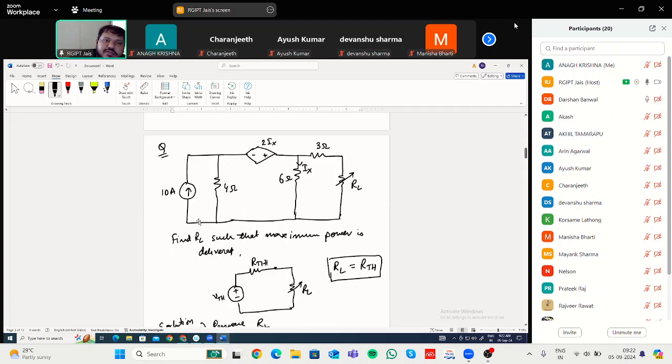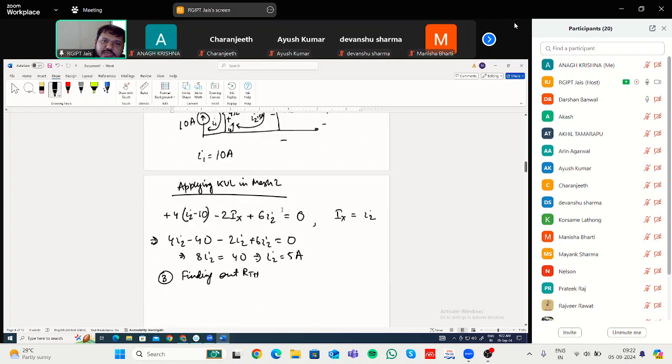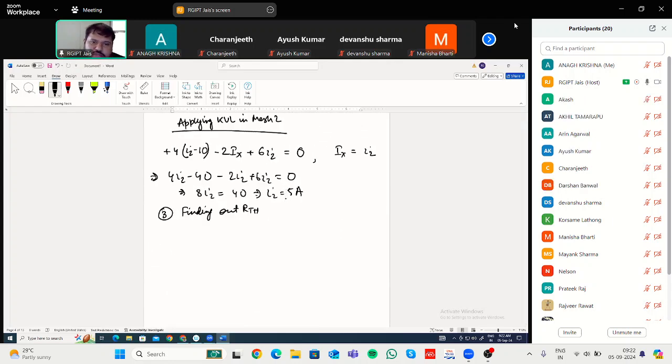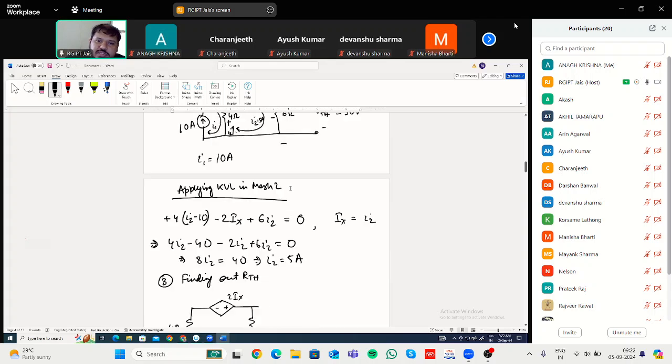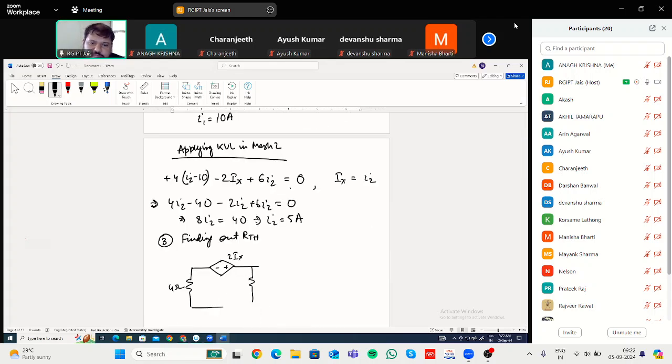So the only thing left will be this 4 ohm resistance, and then there is this dependent source, that means minus plus 2Ix, and then there is this 6 ohm resistance. Now you have to find out the RTH if you look through these two open terminals.